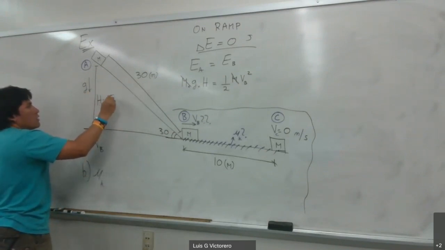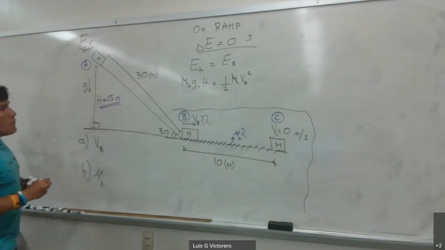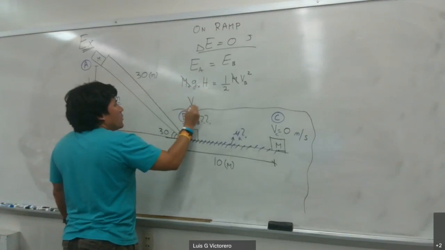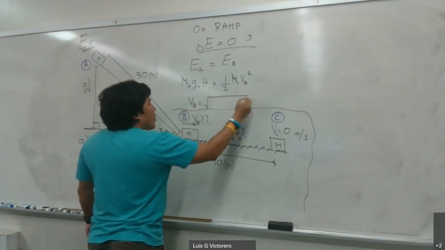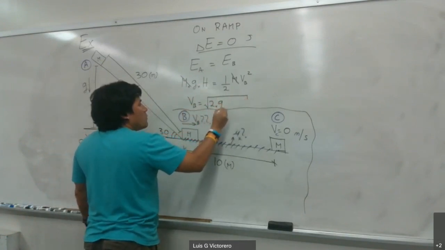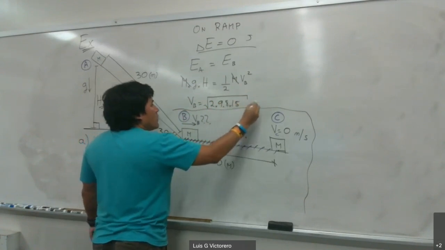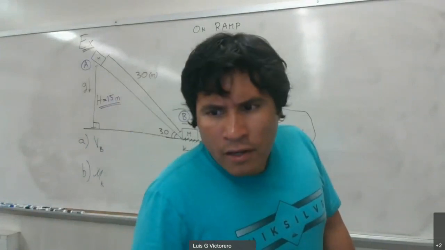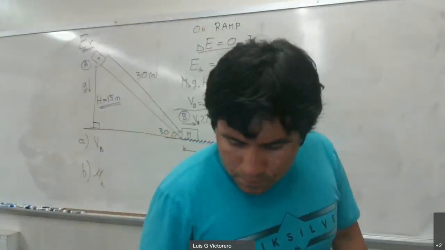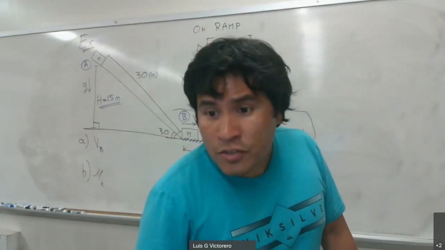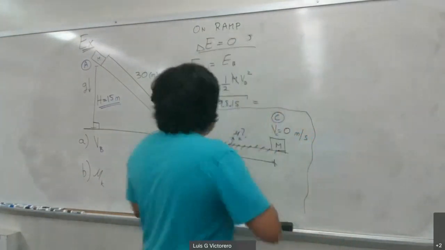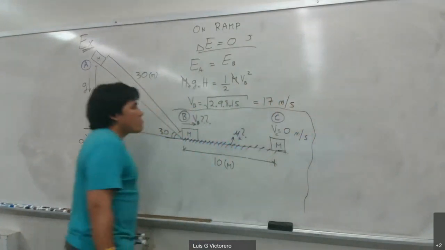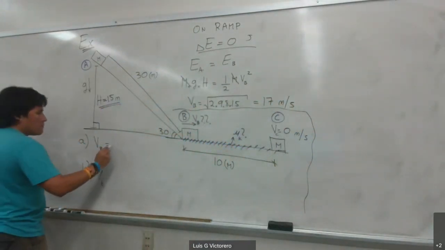This is 15 meters. So the value of h is 15. So the value of V B will be the square root of 2 times 9.8 times 15. That's pretty easy, right? Keep in mind it's the same as if you were dropping it. That's because there's no friction, so you can do that. 17 meters per second. So that's it.